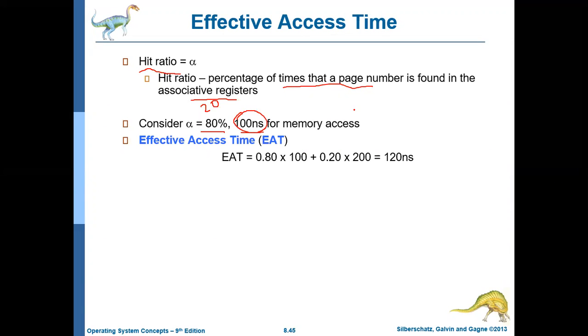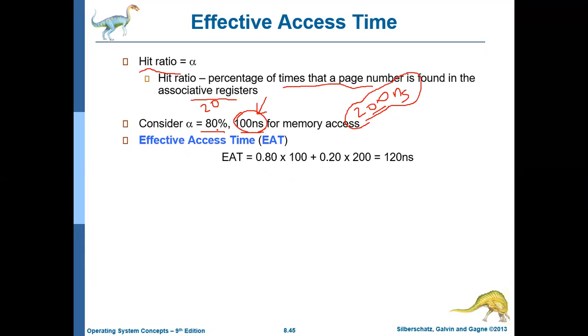If it is a miss, let us say we need 200 nanoseconds, because it has to go back to the main memory, refer to the page table, identify the frame number, and then access.